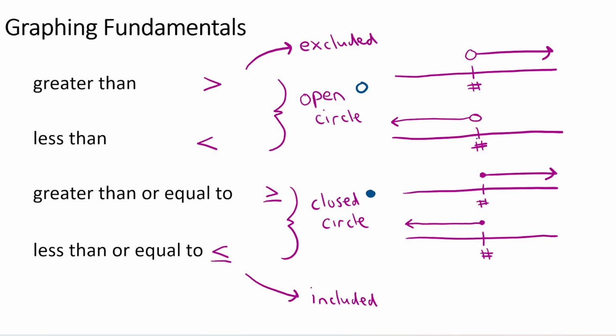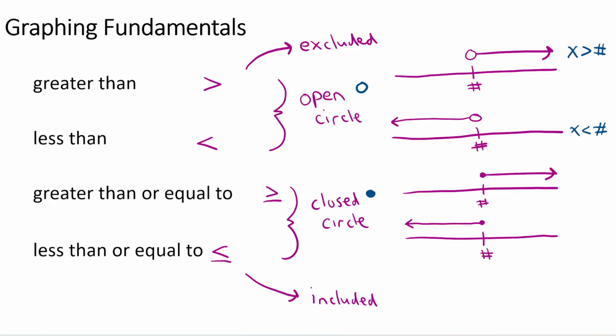A standard number line will have that number in the middle, and on the top you'll see an open circle, and it either goes to the right or to the left depending on the symbol. So this is x greater than that number, or x less than that number.